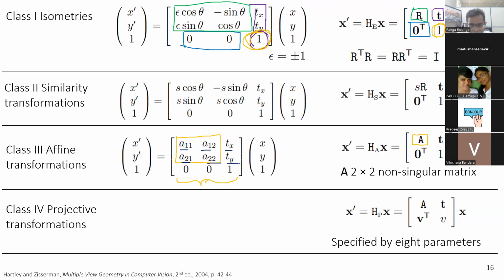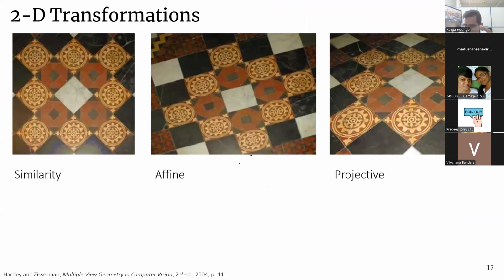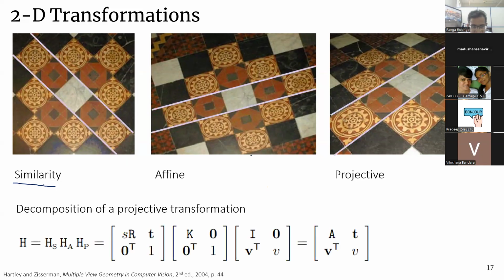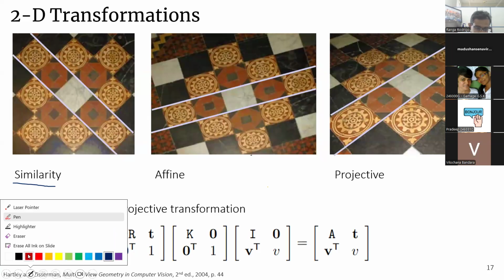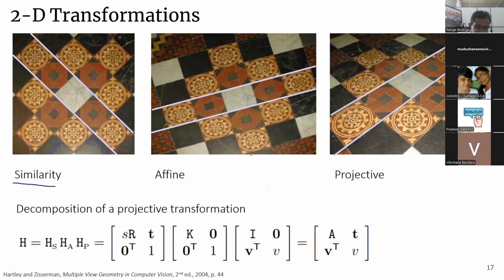Okay, now let's see visually how this looked. For example, if you take a similarity, that means you have the tiles laid out on the floor. Similarity will just change the size of them, but not the angle. So you can see the 90-degree angles are still there, and the sizes may have changed.